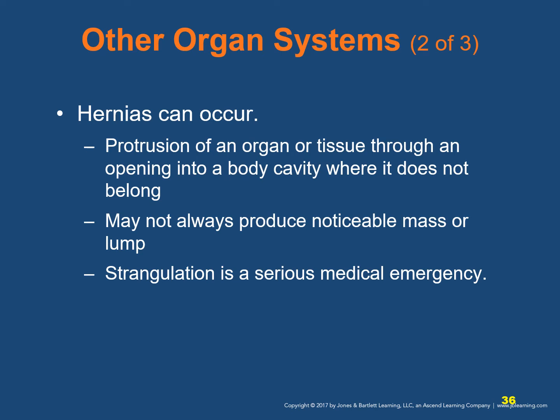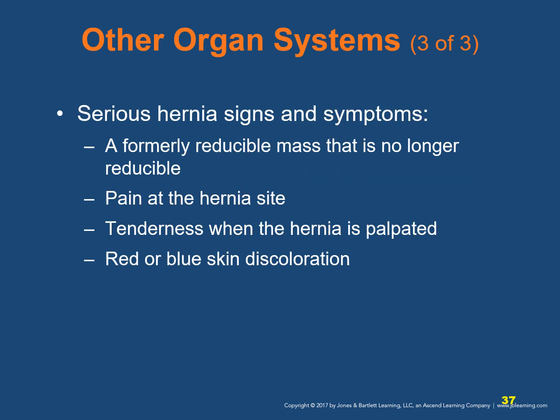Blood supply is compromised by the compressed surrounding tissue. Serious hernia signs and symptoms are as follows: a formerly reducible mass that is no longer reducible, pain at the hernia site, tenderness when the hernia is palpated, red or blue skin coloration over the hernia.